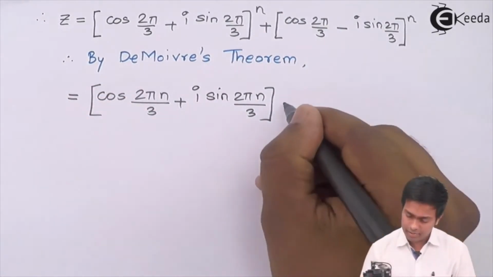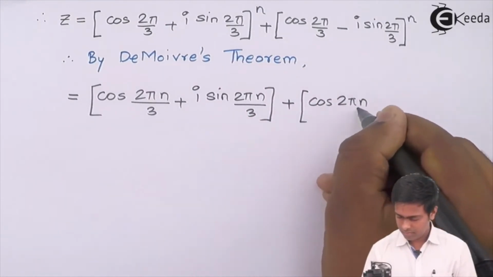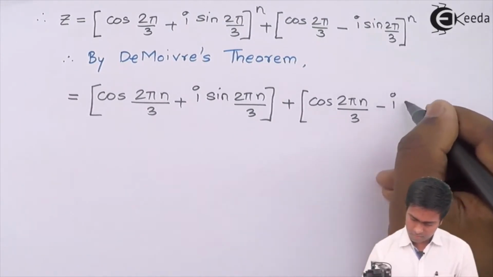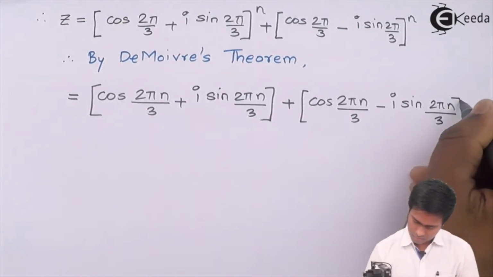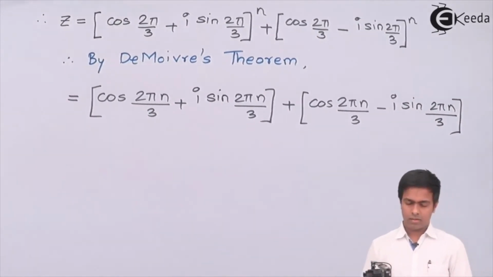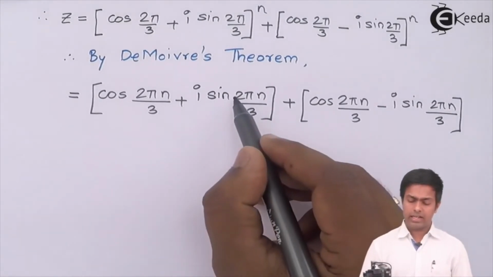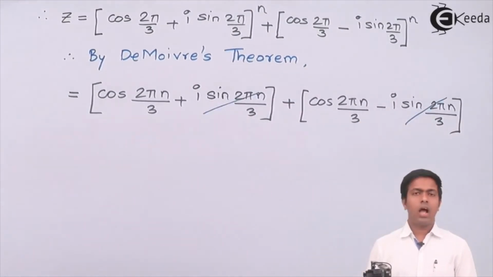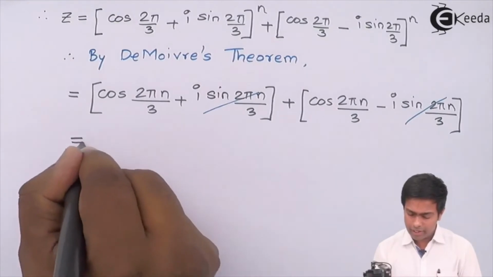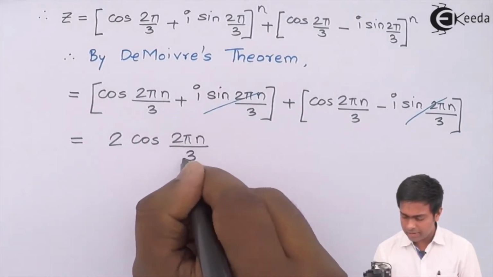Similarly here we'll get the conjugate form. Now we have to add these two numbers, and you can easily figure out that the sign is positive here and negative here, so we can cancel the sine term, and by doing that we will get 2 times cos of 2 pi n by 3.